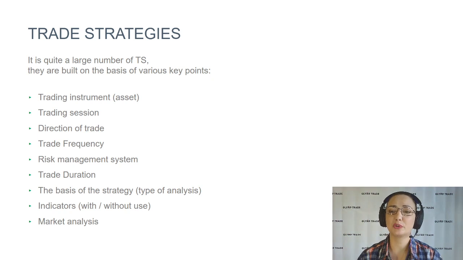The next thing that we want to pay attention to is the trading session. I know we spoke about this before in our previous streams. The trading session depends on the asset that you are trading. For example, the euro US dollar is most active during the session when the London and New York sessions overlap. I'll show you this in just a moment.